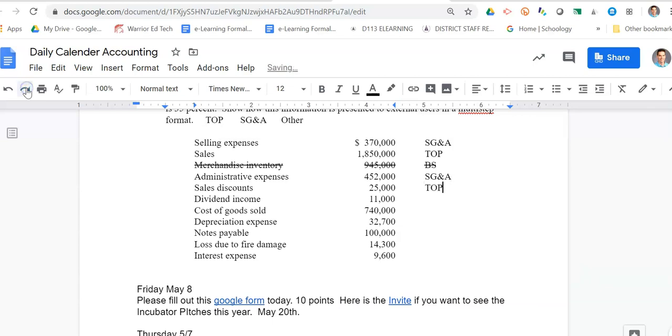Now, in real life, we put the carrying value of sales on the income statement. For teaching purposes in these problems, when we have a sales discount, we're going to put that on the statement just so, as a learner, you know that that's where it goes. But in real life, corporations don't show sales discounts and sales returns.